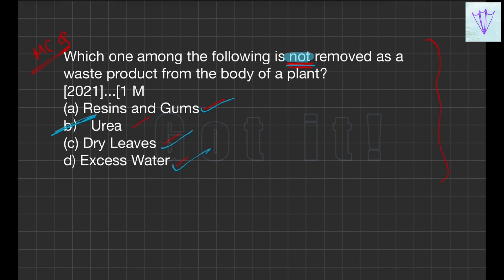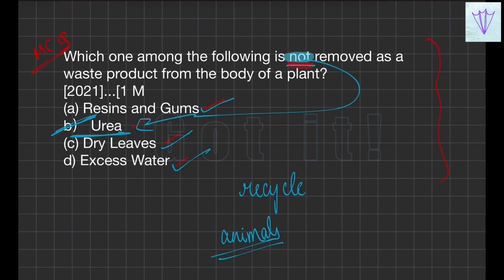Instead, plants will recycle or store nitrogen compounds like urea for metabolic use, unlike us animals, who actually excrete urea. So the correct answer is urea because it is not removed by the plant as a waste product.